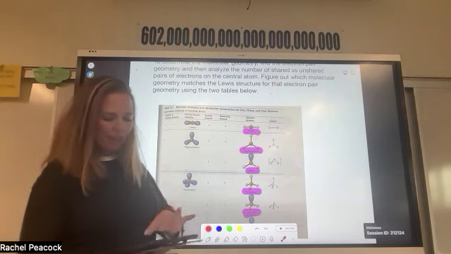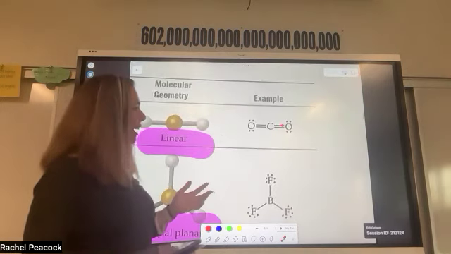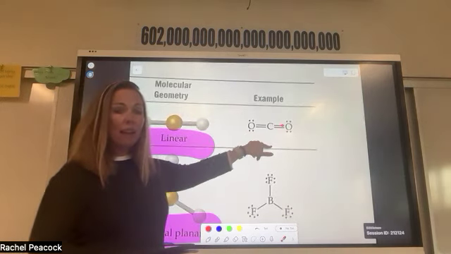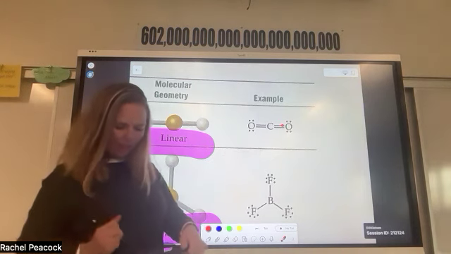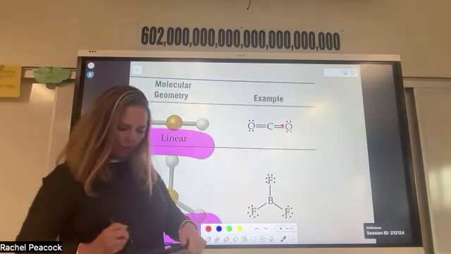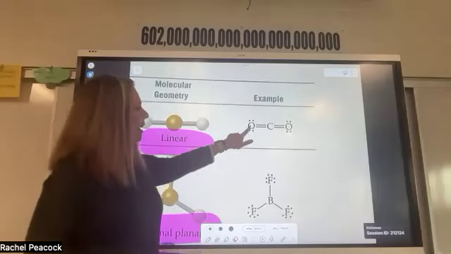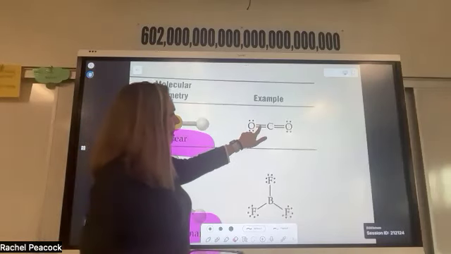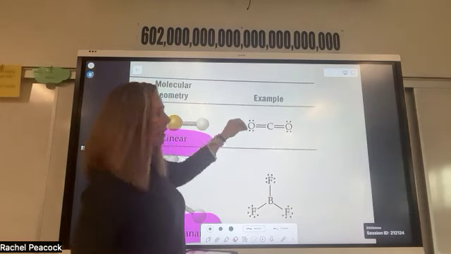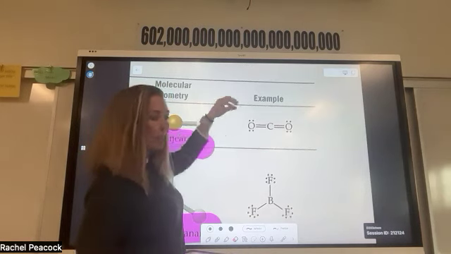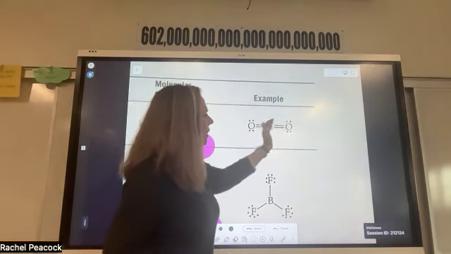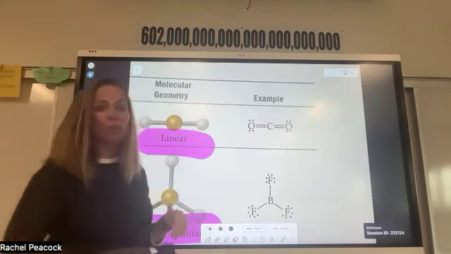Now, in this example, which I like, they used carbon dioxide, and I think that is useful because then you can see that even though that's two bonds, it's considered to be one domain because there are electrons being pulled towards oxygen, and over here there are other electrons being pulled towards oxygen.